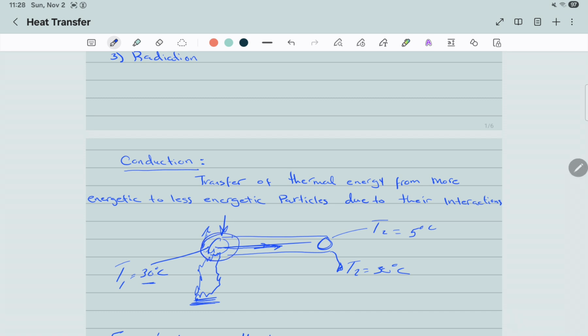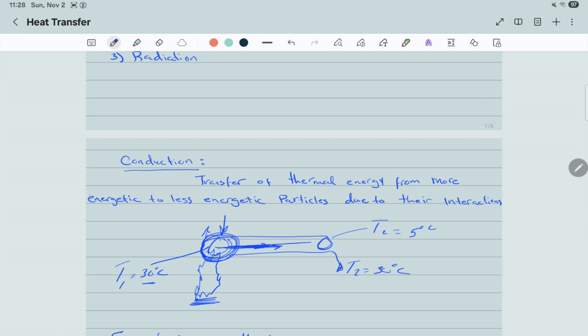So if we assume this end here was heated with a flame torch, the particles at this end will be more energetic. Now the particles are interacting with each other, so in conduction, heat will transfer due to interactions.